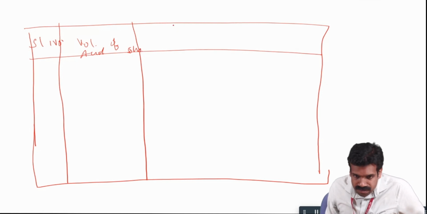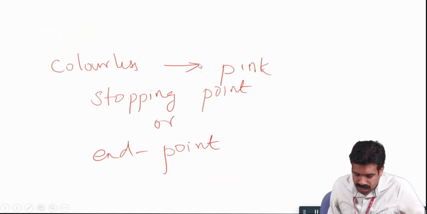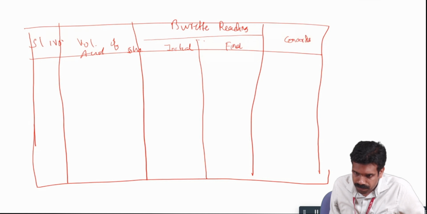And in the next column, we are going to note down the burette reading. In the burette reading, again, we have two readings. One is the initial reading, then the final reading, and the last column is for the concordant value.